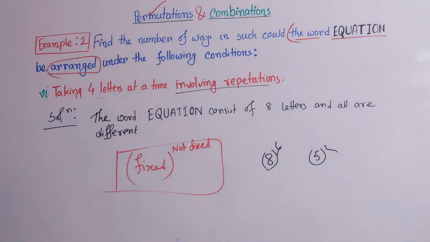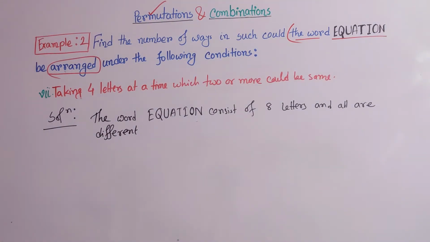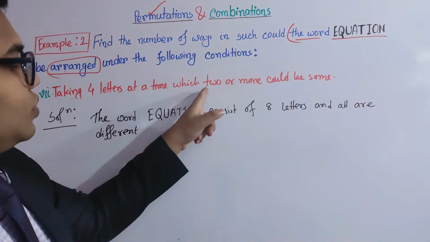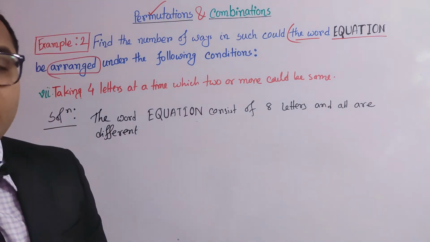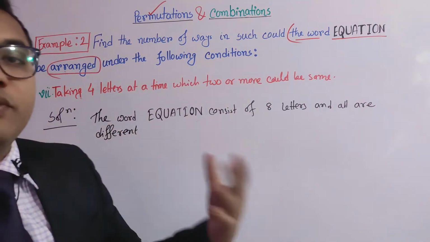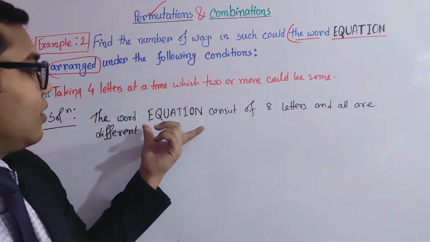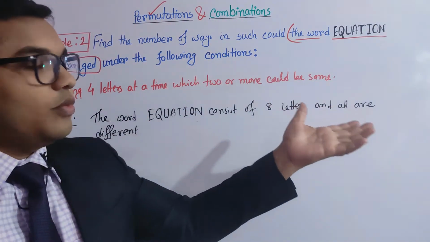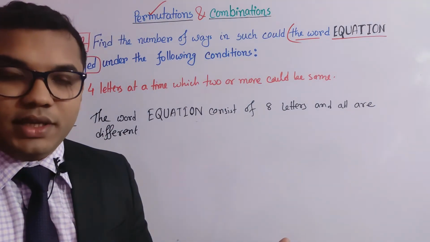Okay, so let's move on to question number 7. So our question number 7 says taking 4 letters at a time, in which 2 or more letters could be the same. Dear students, here all are different letters. Since here all are different letters, then we can't say that 2 or more could be the same. Then how can we go for that?